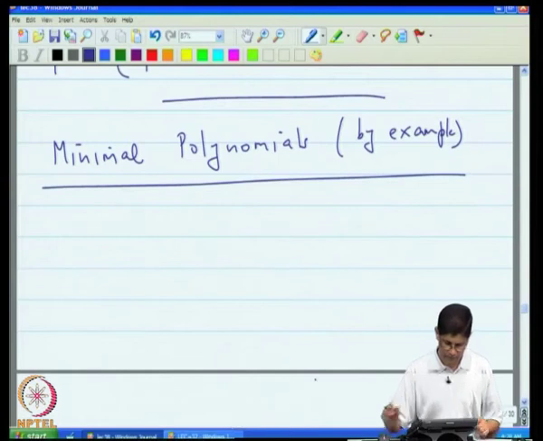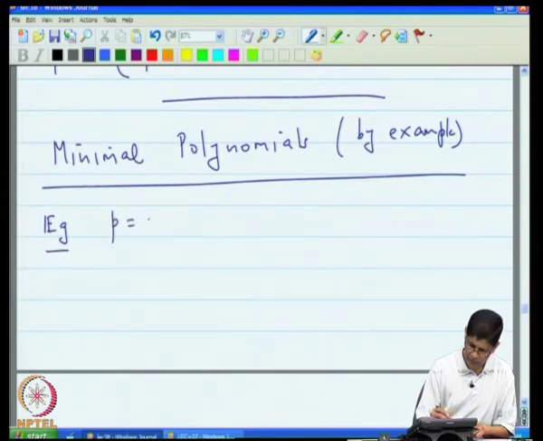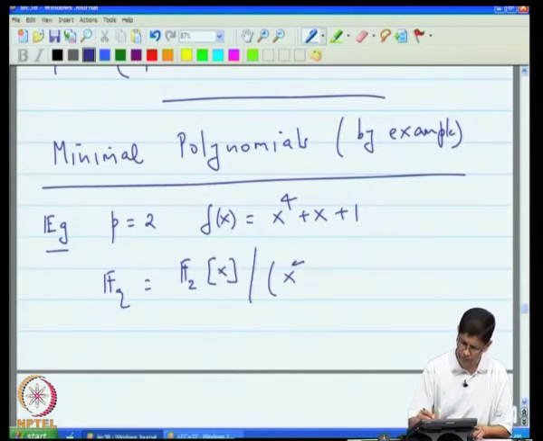In this example, we have characteristic 2, f of x is x^4 plus x plus 1, and our finite field Fq is going to be F2[x] mod x^4 plus x plus 1.